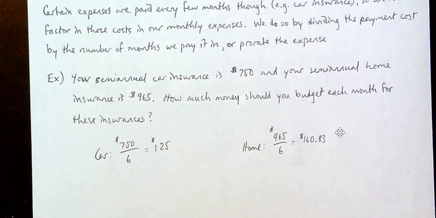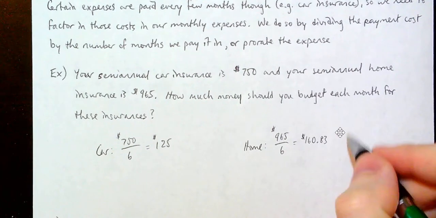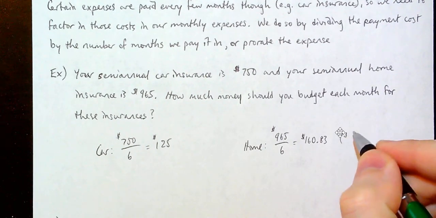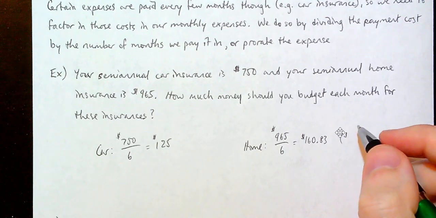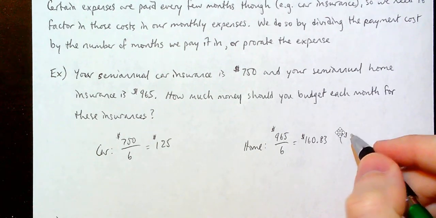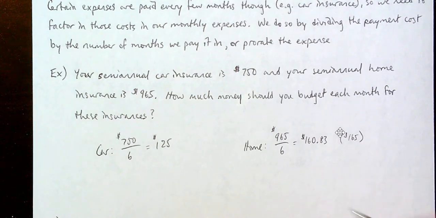So maybe for the sake of having a nice number and saying that we want to budget a little bit more in our costs versus what we actually calculate them to be, maybe we say for a nice value, $165. Just working with nice values here.